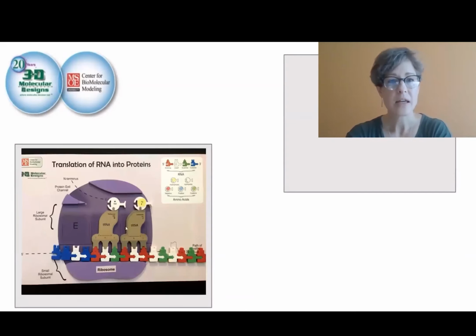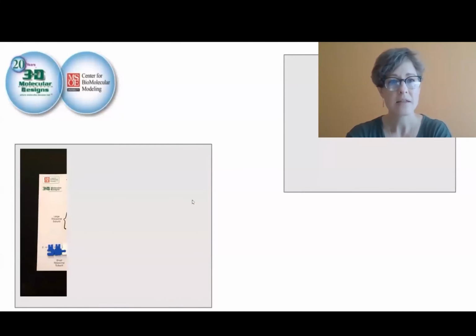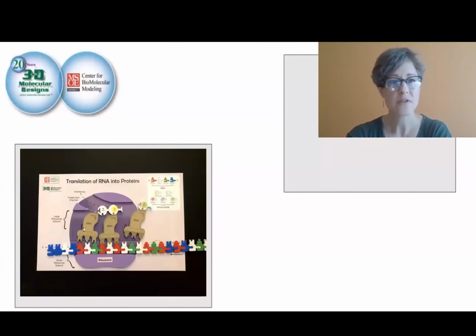In comes our second transfer RNA, carrying its cargo. In this case, it's isoleucine, and we're going to watch right here as we get a bonding reaction between that methionine and the isoleucine. This is a covalent bond that tips the transfer RNA into a less stable situation, and it shifts over to the eject site.